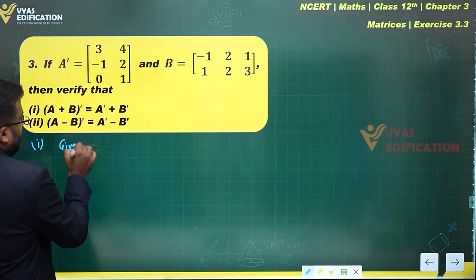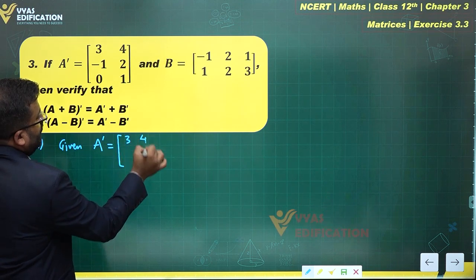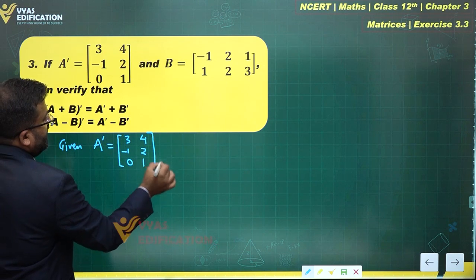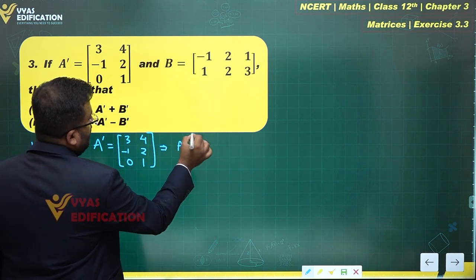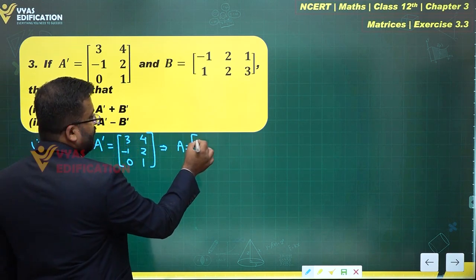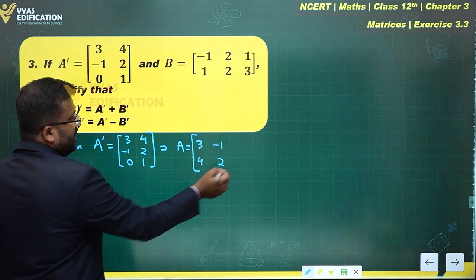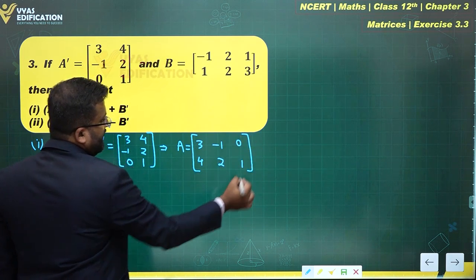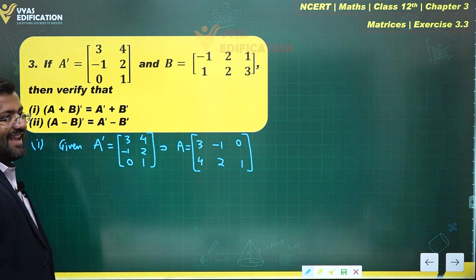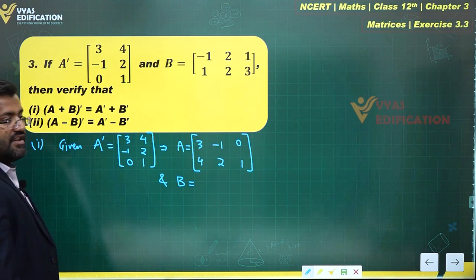Given A transpose is equal to this matrix 3, 4, minus 1, 2, 0, 1, implies matrix A would be equal to the transpose of this matrix, where the first row becomes the first column, the second row becomes the second column, the third row becomes the third column. Given A prime equals this, we get A equal to this, and B is already known to us.